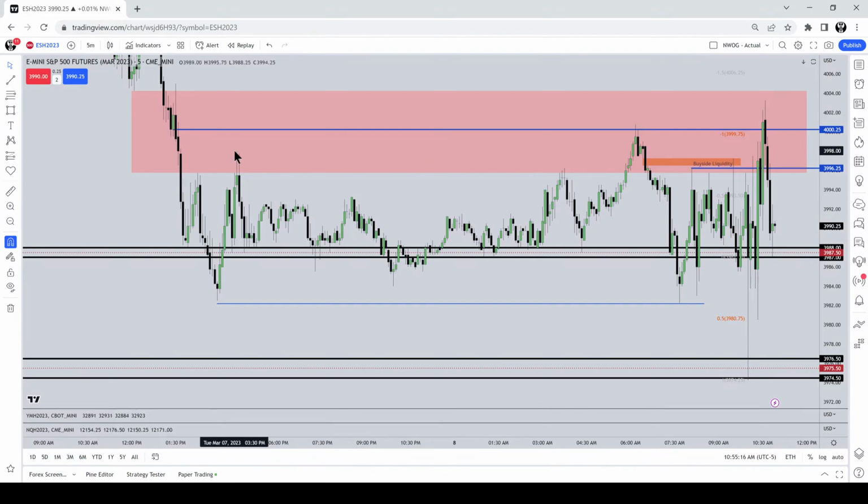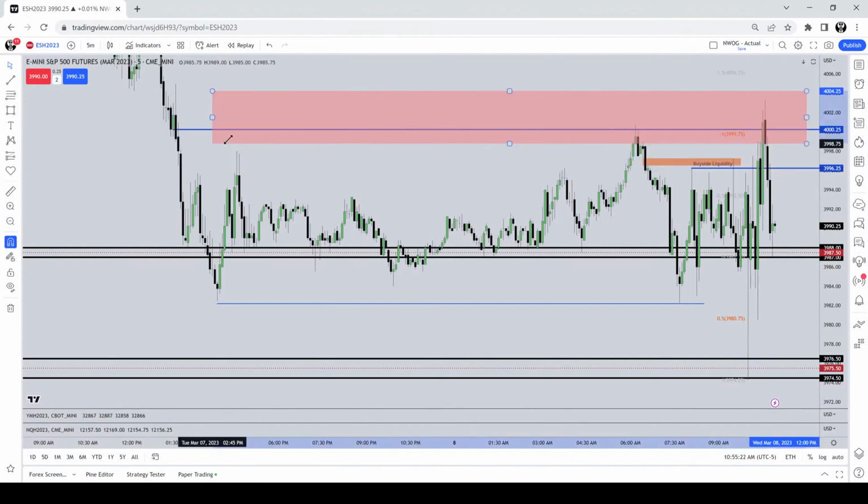So think about it like this. The range on that hourly fair value gap has been repriced to here, right there at that moment. Then this high here takes it up to that level. So the remaining portion of that fair value gap, in my mind, I'm seeing that range left.